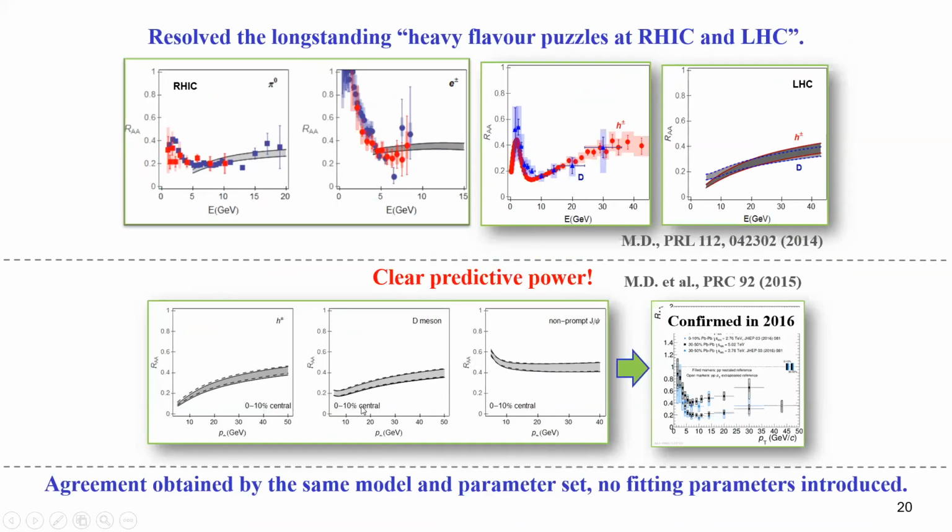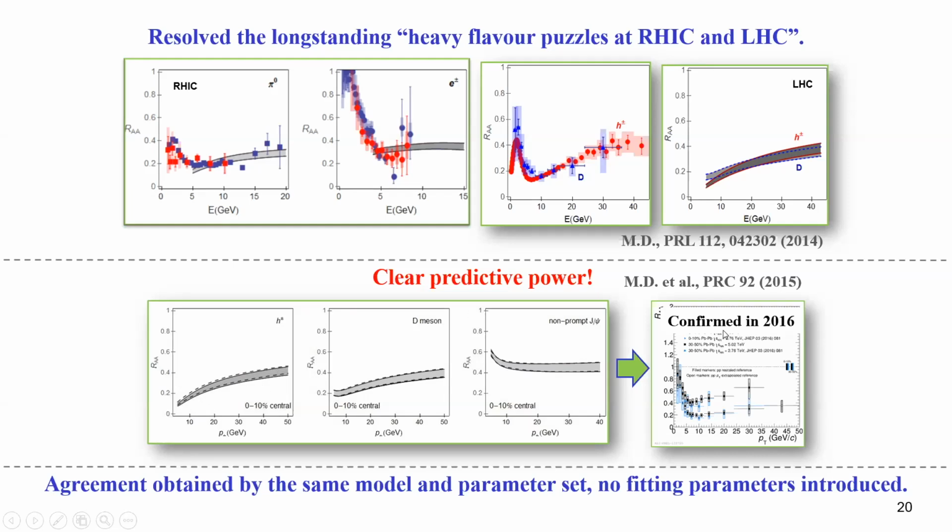Then we have also managed to resolve the long-standing heavy flavor puzzles at both RHIC and LHC. And we have also shown that our model has a clear predictive power. That is, in 2015, we predicted that RAA for both light and heavy flavor at 2.76 TeV, which is shown in dashed, and 5 TeV, which is shown with full curves, will be the same.